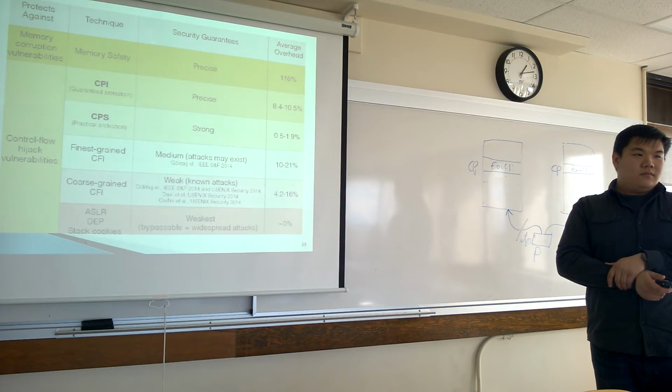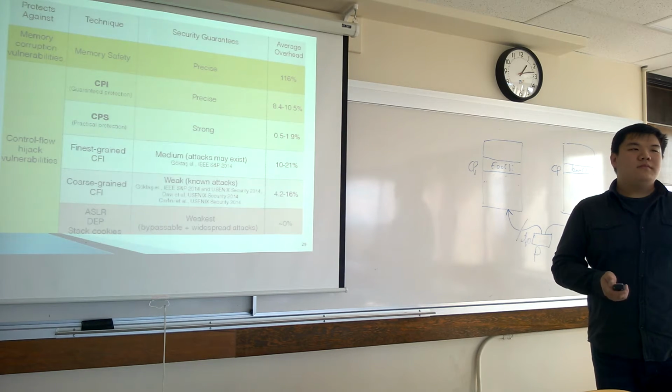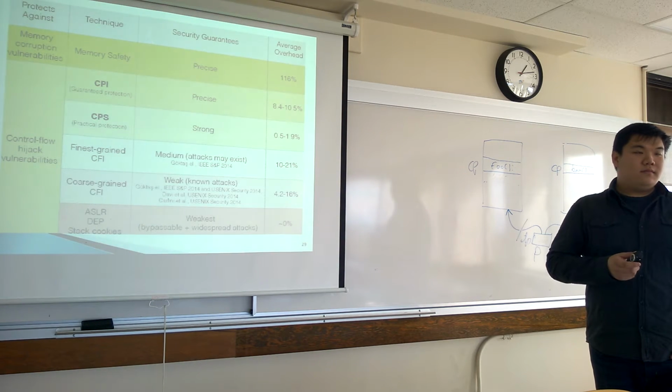This was a previous existing technique which basically said that if you are going to have an indirect jump somewhere, that somewhere is a valid target. Now, the thing is that it might be a valid target for some other part of your program, but not a valid target for this particular part of your program. And it's difficult to make that guarantee precisely.